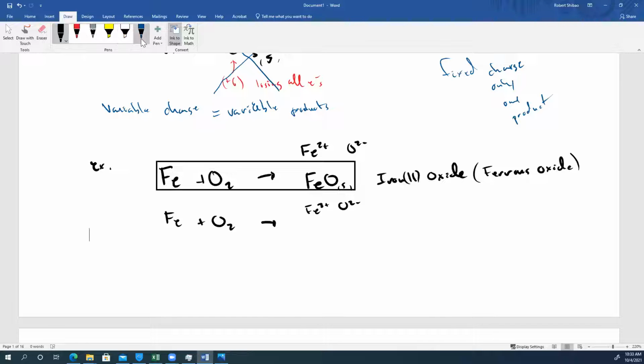Well, there's a little trick you could do this. You could just keep adding them, or you could do this subscript trick. It's kind of like cross multiplying. So if we do the little subscript trick, then we get Fe2O3. That should balance it out. In other words, I need 2 irons, 3 plus, and 3 oxides, 2 minus.